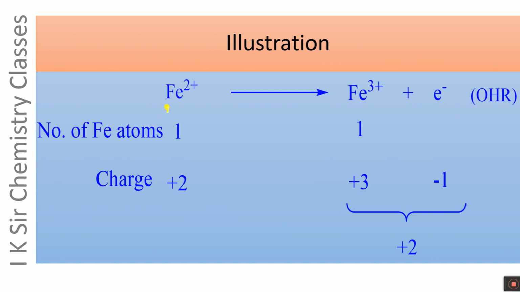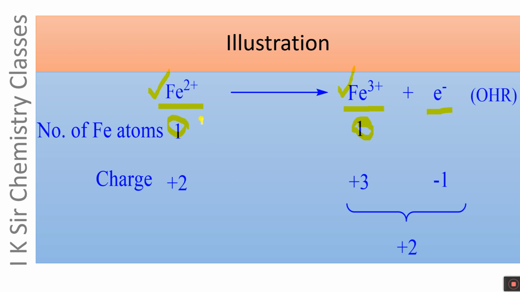In this reaction, Fe2 plus ion loses 1 electron forming Fe triple plus ion. The number of Fe atoms on the left hand side is 1 and the number of Fe atoms on the right hand side is also 1.